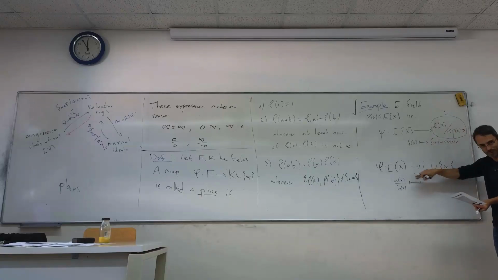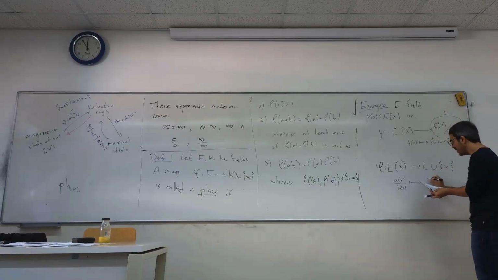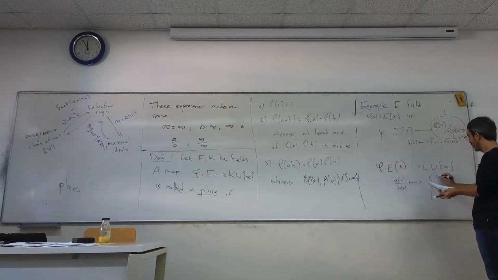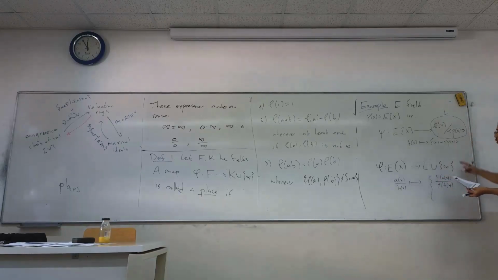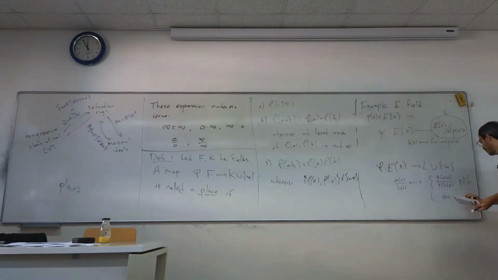You do the co-prime stuff, and then you send the numerator and denominator according to psi, as long as p does not divide b and that is therefore not 0, or you send it to infinity otherwise.